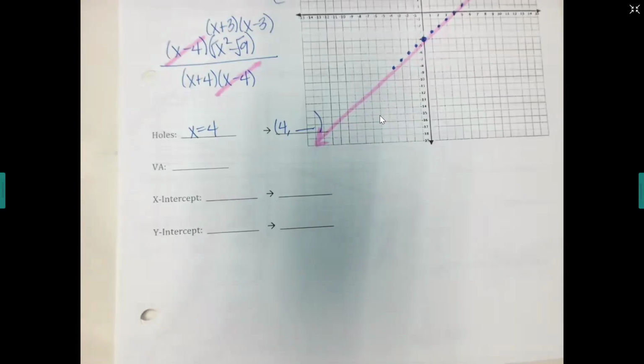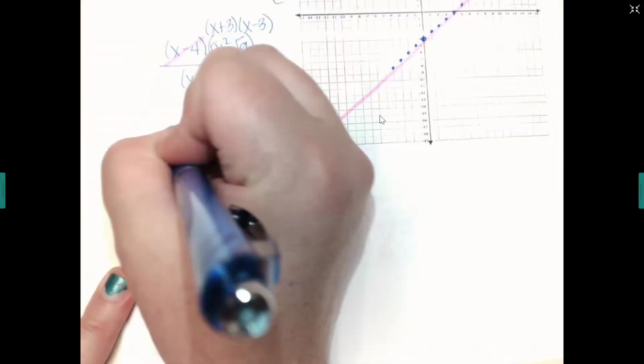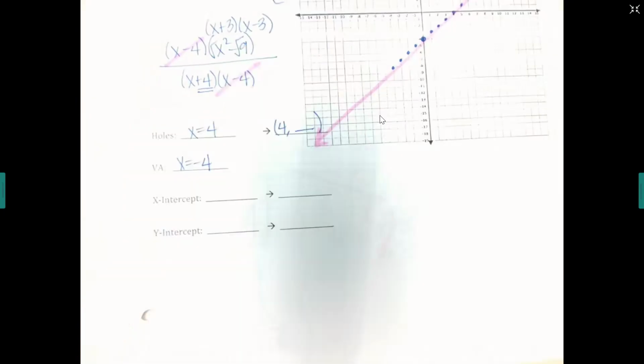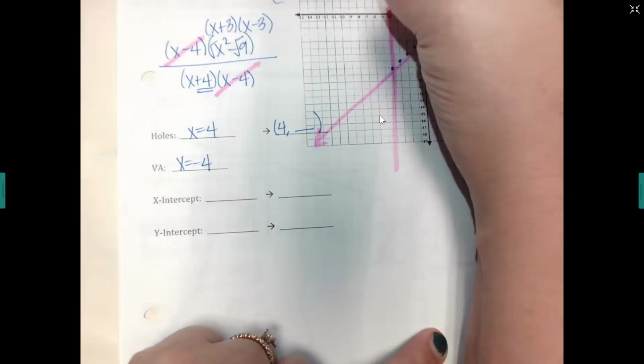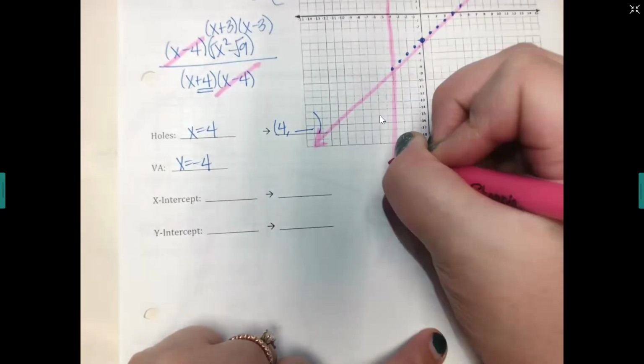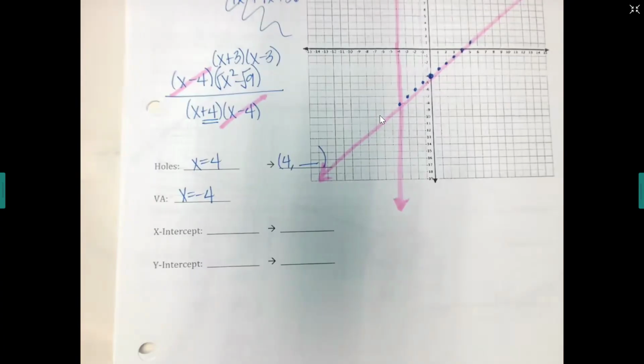Is there another x left on bottom for a VA? Yes. And it's a plus 4, so where's the VA going to be? Negative 4. You can draw that one right now. My graph cannot touch negative 4. Okay, x-intercepts come from x's left on top. Do I have any?